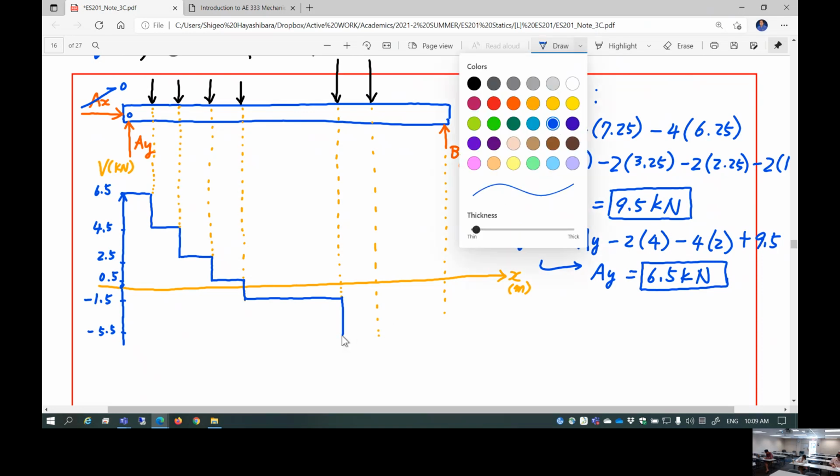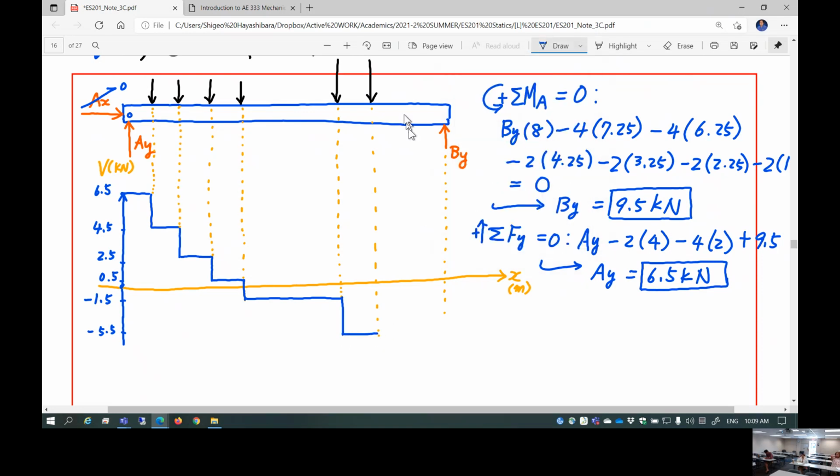Constant. And here's another jump. My goodness. Okay. So this is minus 9.5. So I hope this can go all the way back to 0 right here. Oh yes, By is 9.5 kilonewtons upon reaction, go all the way back to 0. This is shear diagram.